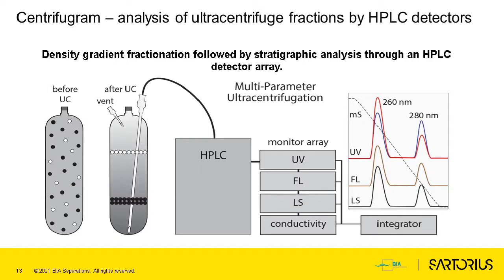We wanted an orthogonal method to our HPLC, also orthogonal to PCR, and we designed a kind of holder which allows us to pump the material from the ultracentrifuge after centrifugation through a small HPLC capillary, directly through the HPLC detectors. Whatever is at the bottom, when pushing from top to bottom, goes through the capillary out and directly to the HPLC detectors. So we bypass the pump, and we bypass the column.